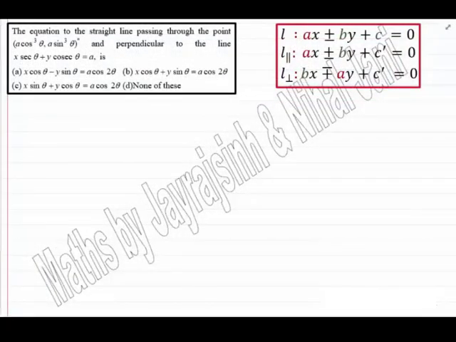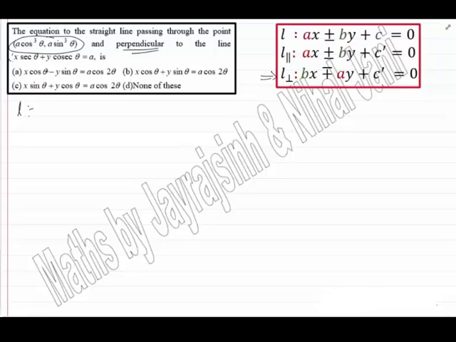Our next question is quite a difficult one because we have to deal with trigonometry terms. In this question, we have to find the equation of line passing through the given point and perpendicular to the line L, which is x sec theta plus y cosec theta is equal to a. You know the procedure. We will use the general formula of perpendicular line and then put the point to get the value of c, right?